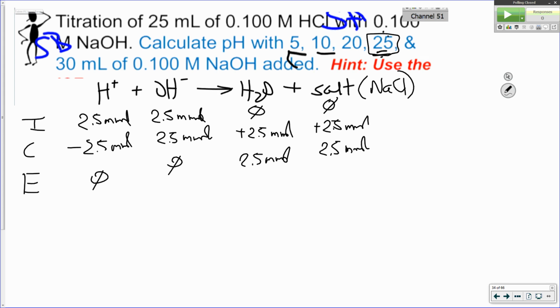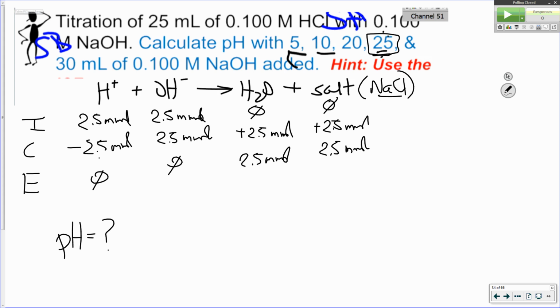All right, so what's the pH of this guy? There's no excess H plus, there's no excess OH minus. If I've got a mixture of water and HCl, what's pH? Or water and NaCl? Neutral pH, yeah.